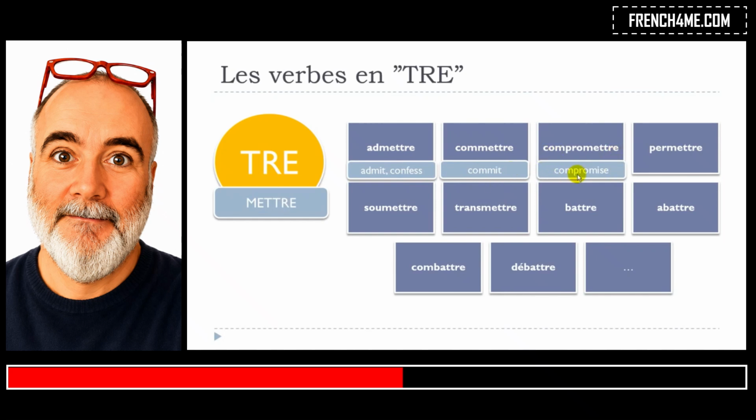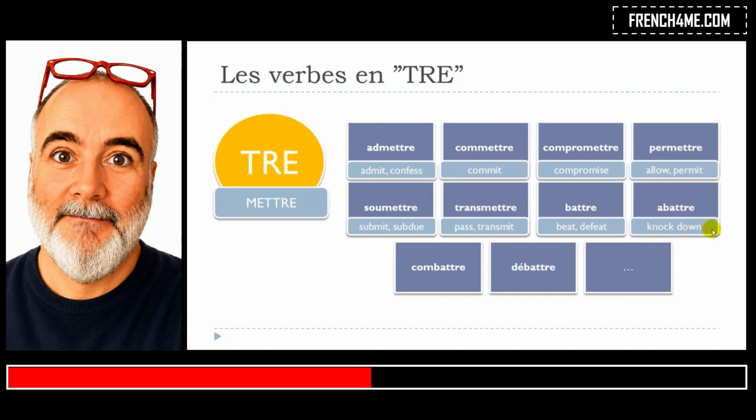Compromettre, compromise. Sorry, this is my French pronunciation here. Compromise would be more appropriate. Then permettre, allow, permit. Soumettre, submit, subdue. Transmettre, pass, transmit. Battre, beat, defeat. Abattre, knock down. Combattre, combat, fight, and then débattre, discuss, debate. Okay, so keep in mind that these verbs here will actually be conjugated the same way as mettre.